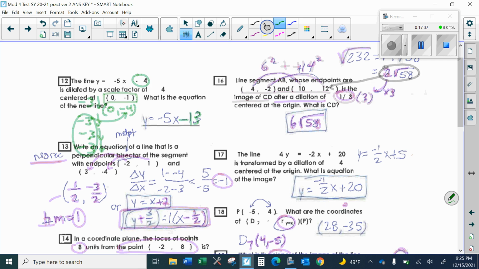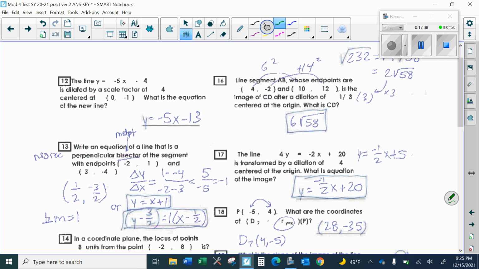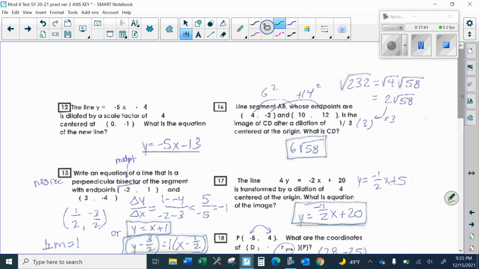Okay. Number 16. Let's go ahead and erase this off so you can see it easier. Line segment AB, whose endpoints are those points right there, is the image of CD. So CD is the pre-image after a dilation of 1/3. So it got 1/3 smaller. To get back up to the pre-image, I have to do the reciprocal of that, multiply by 3.